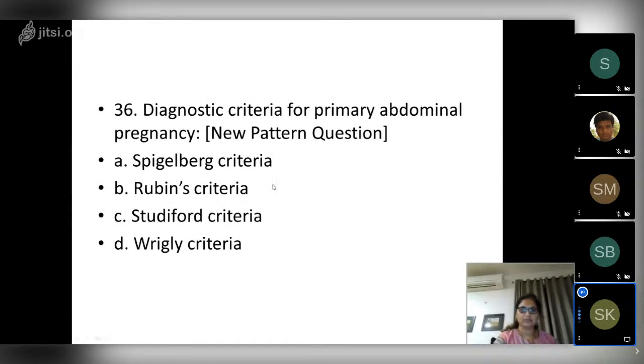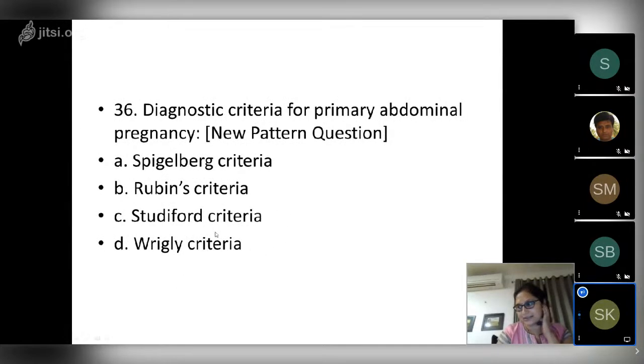So, anybody who knows this answer? Diagnostic criteria for primary abdominal pregnancy is known as which criteria? Anybody? If not, I'll give you the answer and we'll discuss all these points. Anybody? Once more, I'm asking you.